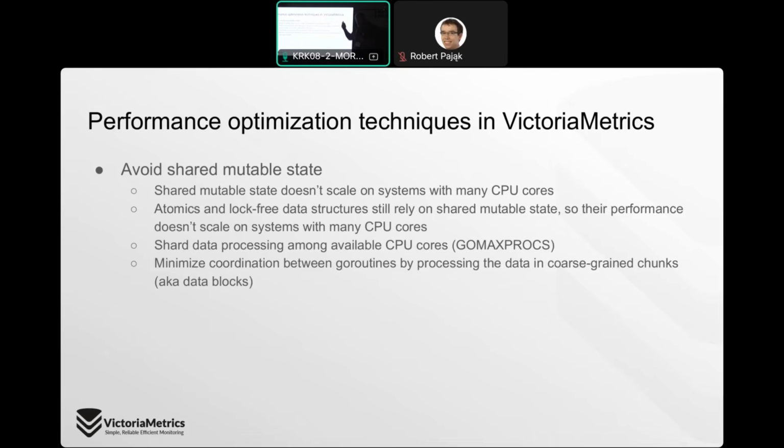And if we are talking about time-series databases, then it is recommended to process these chunks at data block levels. So every CPU core processes some single data block independently of other CPU cores at the given time, and only coordinates when it needs to get the next block for data processing.